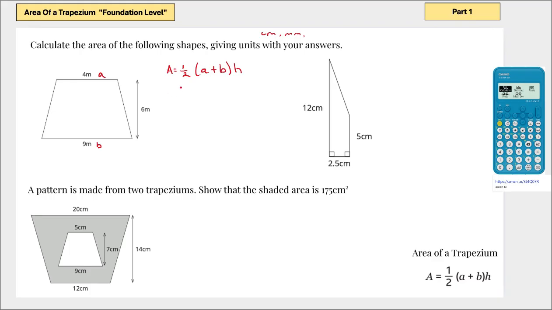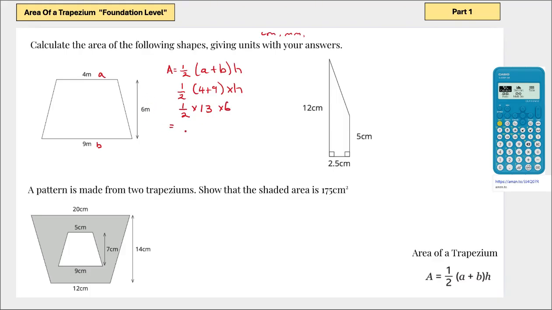So all you got to do is plug in your numbers. So we have a half, we have A plus B, which is 4 plus 9, times our height. So we have a half again, and we have 9 plus 4, which is 13, times our height, which is 6.